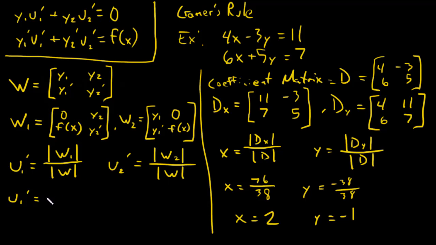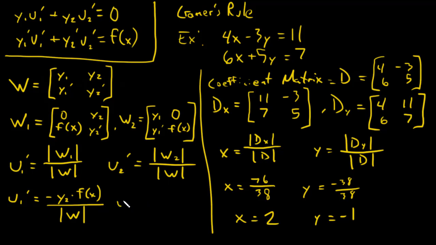So this is going to be minus y2 times f of x. Okay? And then I need to divide that by the determinant of W, which is the Wronskian, right?